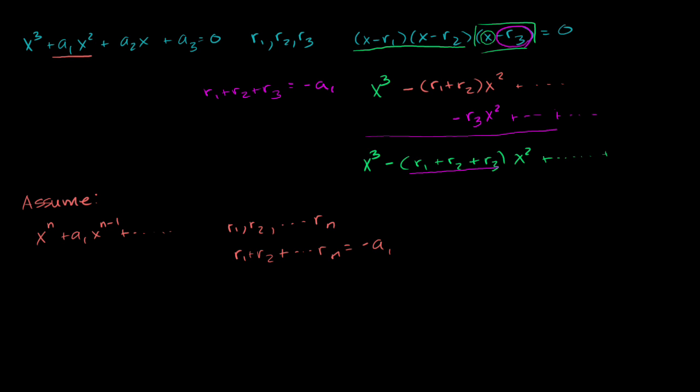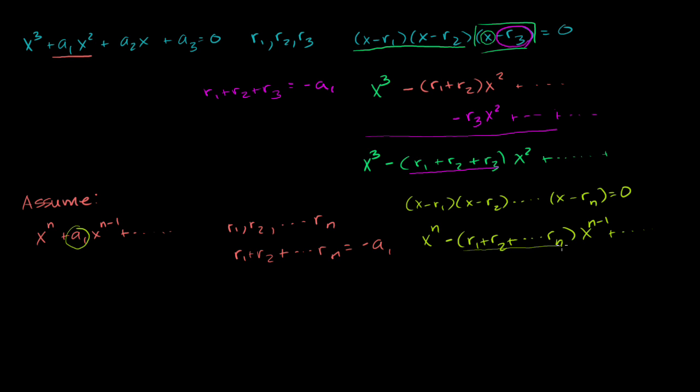Or another way to think about it, if we were to multiply x minus r1 times x minus r2, and just keep multiplying all the way to x minus r sub n is equal to 0, this should give us x to the n minus (r1 plus r2 plus all the way to rn) x to the n minus 1, and then plus a bunch of other stuff that we're not going to calculate. So this tells us that this coefficient right over here is going to be equal to this right over here.